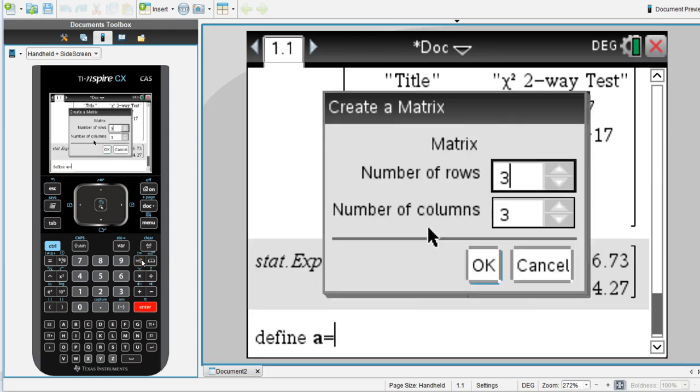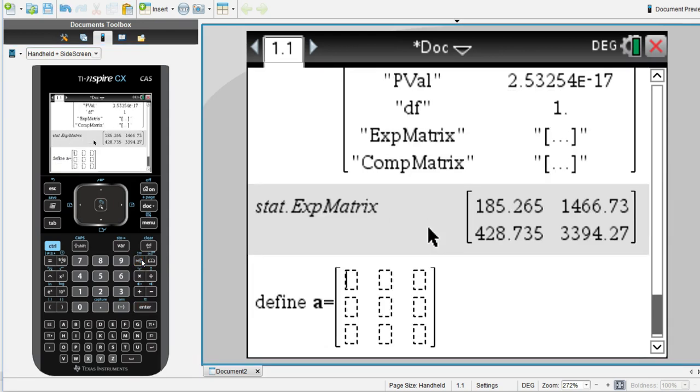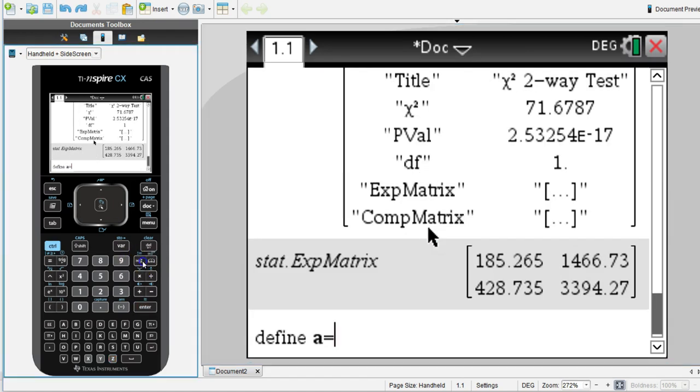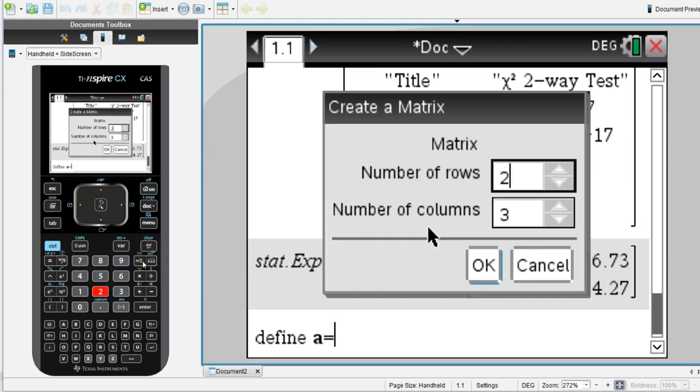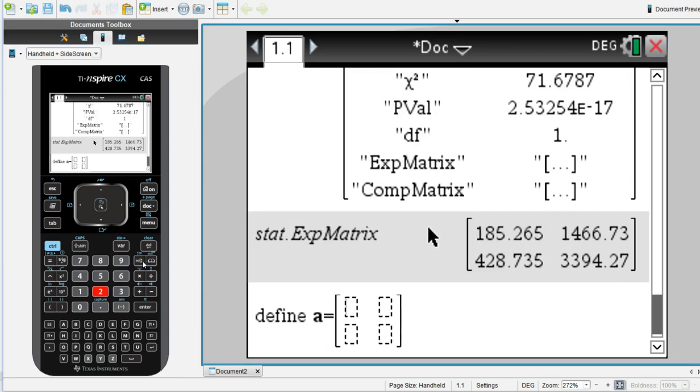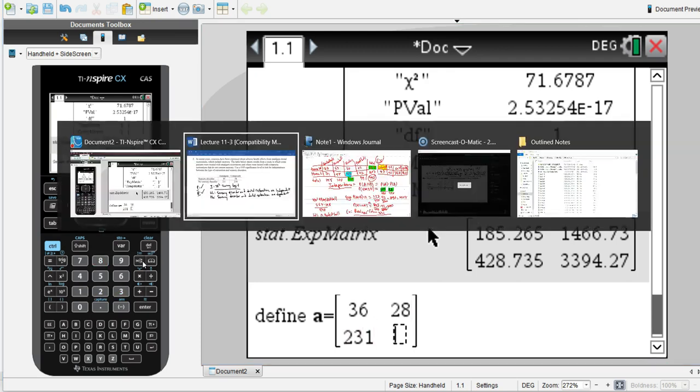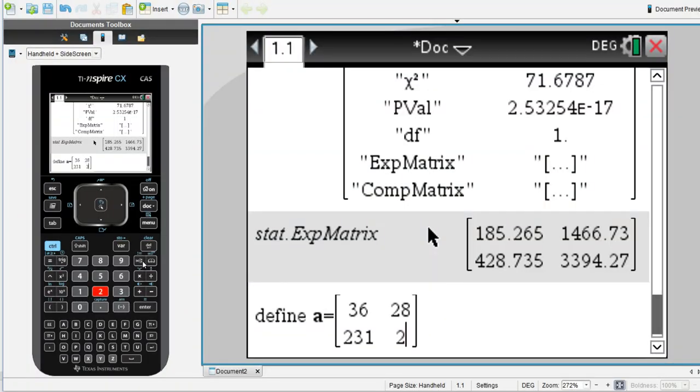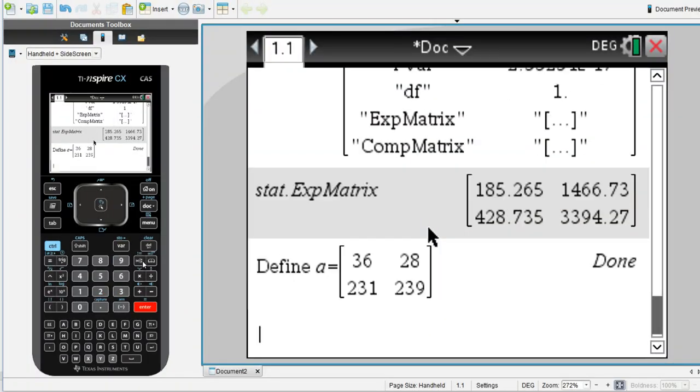Set it up as a 2x2. Let's fill in our numbers: 36, 28, 231, and 239. Done.